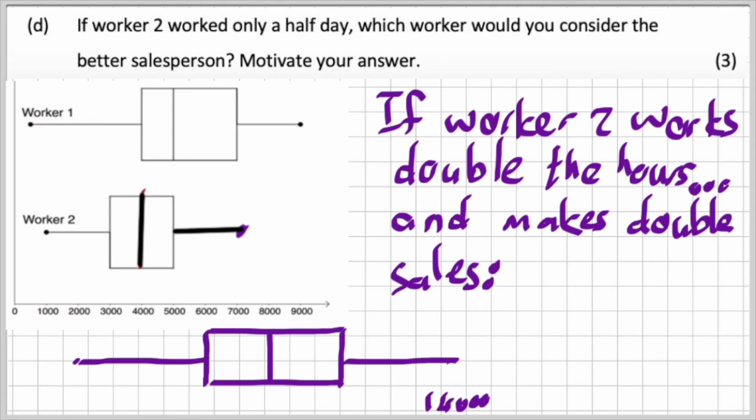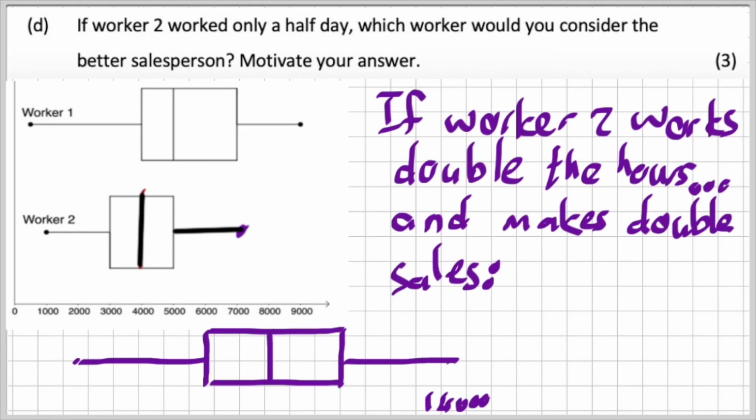Here comes the thing. Is my assumption right? Is it correct? Not at all. My assumption is not correct, but it is my gut feel, okay? Because worker 2 could actually come in only to help during the busy times, and therefore they've got the good sales. If they were there the whole time, it might not be the truth.